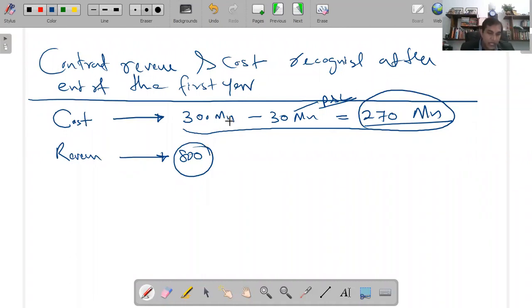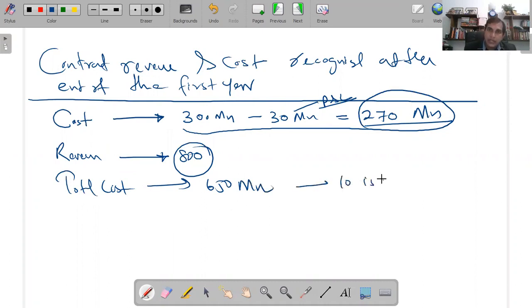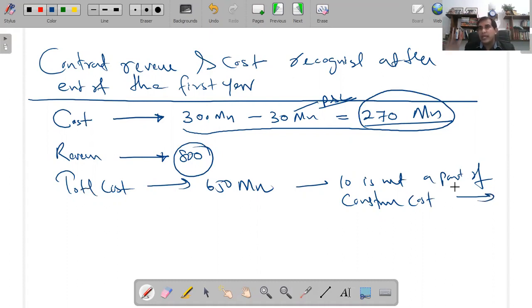That is the total expectation. Total cost is 650 million. The 10 million is not a part of construction cost, so that should be charged into P&L as a separate expense to this entity.